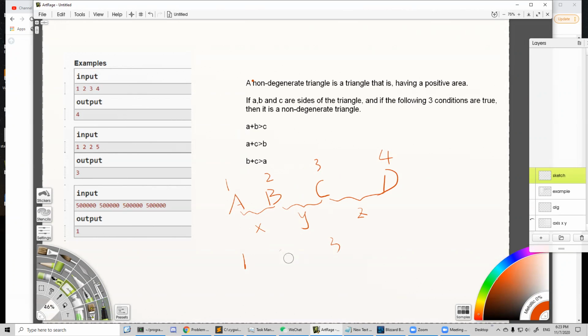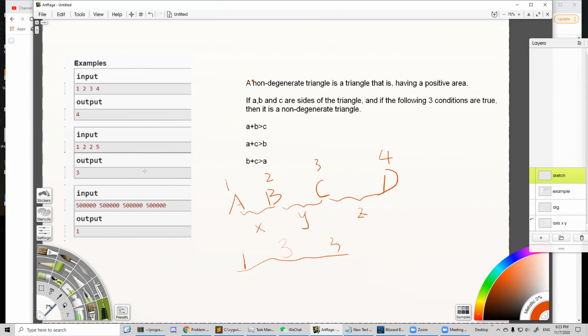So we replace the second side with a 3. So in this case, all of those conditions are satisfied, right? So this is a good three-sided triangle, right?